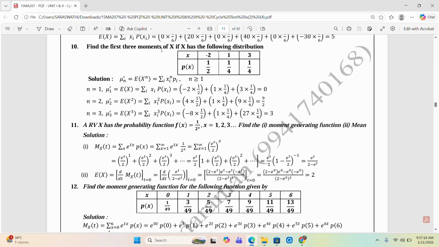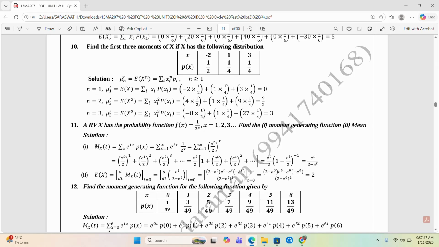Find the first three moments of x if x has the distribution: x values are minus 2, 1, 3 and p of x is 1 by 2, 1 by 4, 1 by 4. The question is to find the first three moments, which means mu 1 dash, mu 2 dash, mu 3 dash. Clearly the given data is a discrete random variable, so for the discrete random variable we have the formula already.